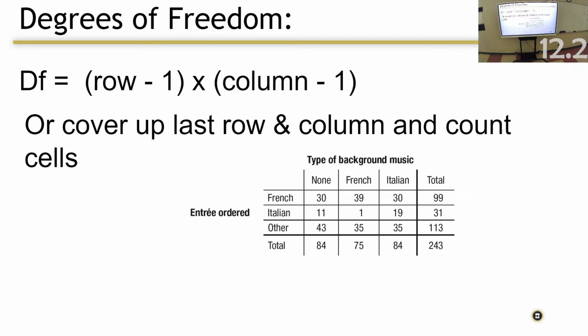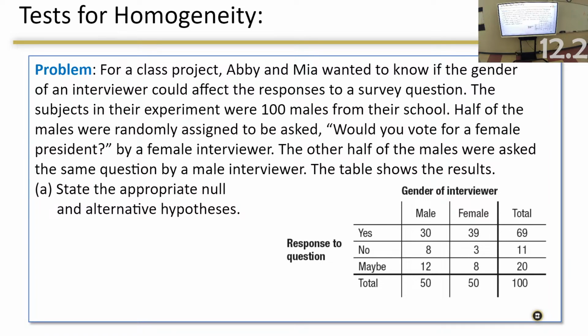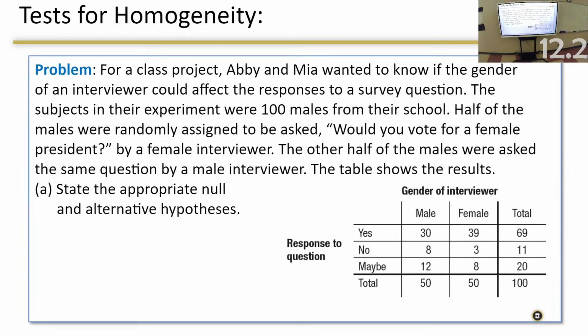That's wrong. Cover the last row and last column, and count. Beautiful. That's the DF. It'd just be 4. 2, 2. Okay? All right.